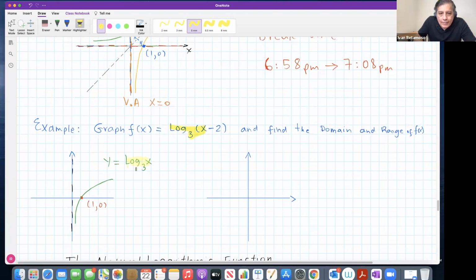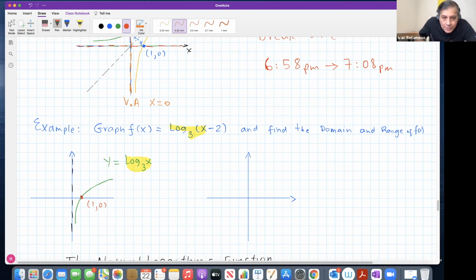Now, you want the graph of this one. But notice that this minus 2 is just telling us that we have to shift this curve 2 units to the right horizontally. When you do the shift, as I explained yesterday, shift the important features of the graph.